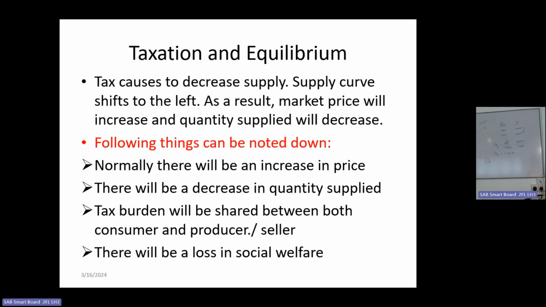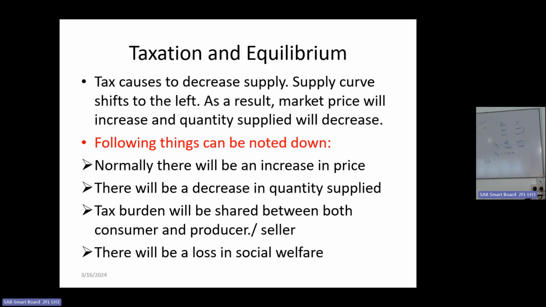After the tax, normally the market price rises, and when you compare with the equilibrium, that rise in the price should be borne by the consumer. What is the portion borne by the producer? So we need to check that. We need to get the quantity supplied, right, and touch the previous supply curve and see the price.